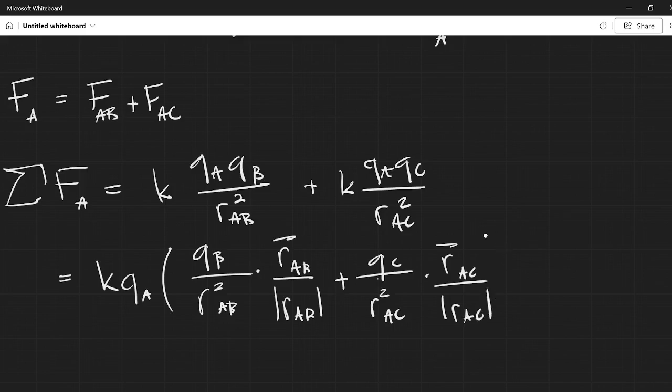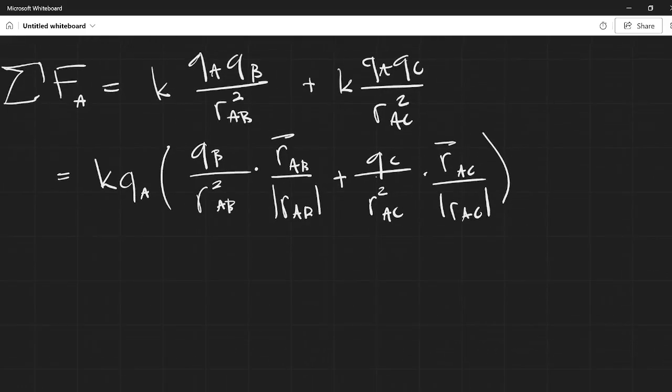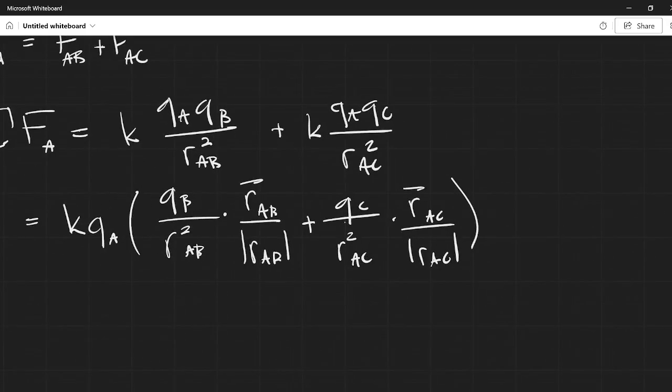Okay, so we have this. We can do a little more simplification because we actually know that, ooh, yeah. So this is going to be the sum of the x components, the x force influence in the x direction due to these particles. Okay, and then I'm going to add a big bracket here, and then we'll do the j components now.